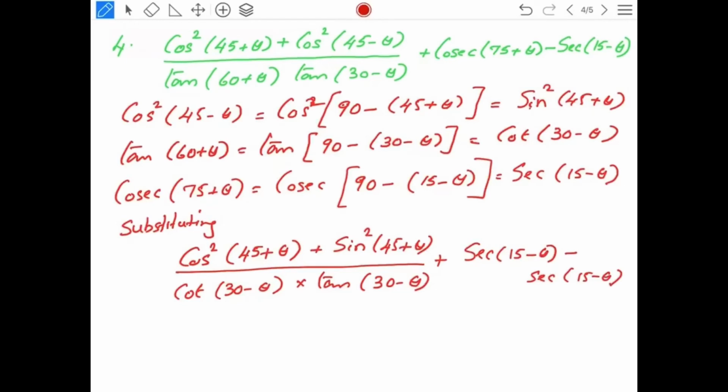So this will become cos squared theta plus sin squared theta, which is 1. Then the denominator also, cot theta into tan theta is 1. So 1 plus 0. These two will get cancelled. So the answer is 1.